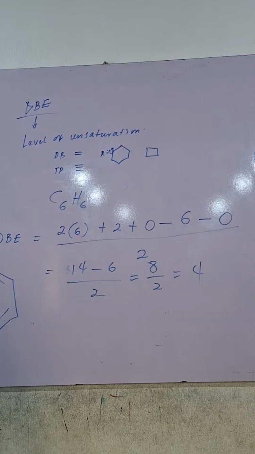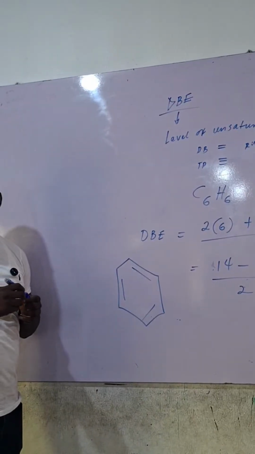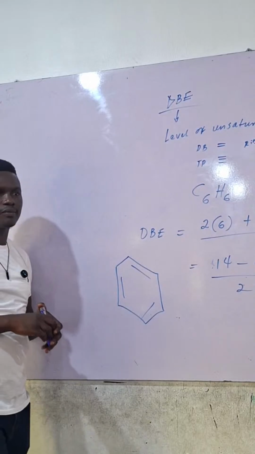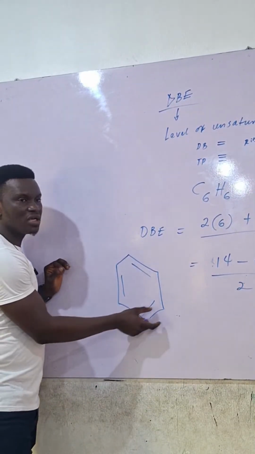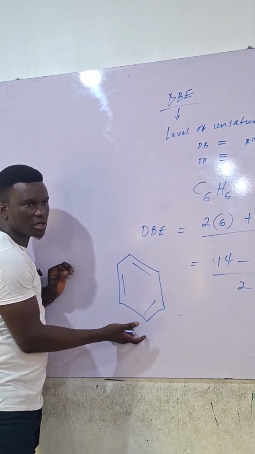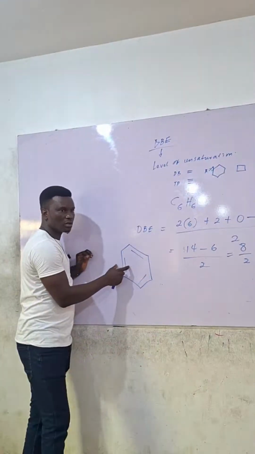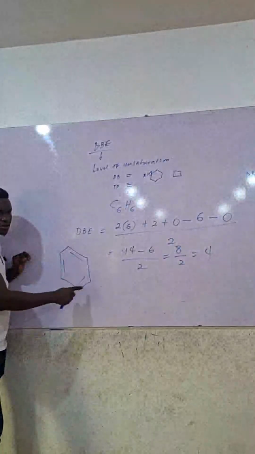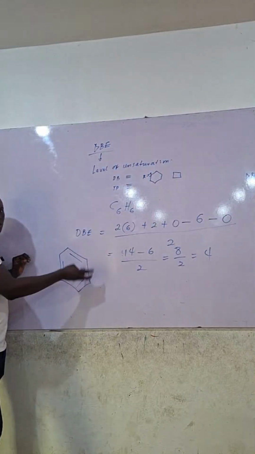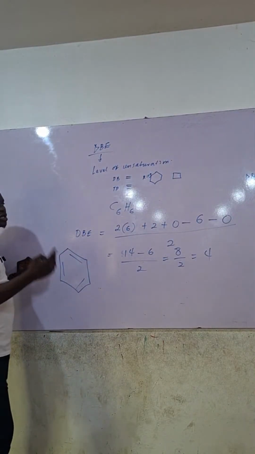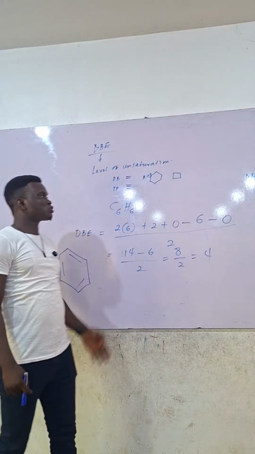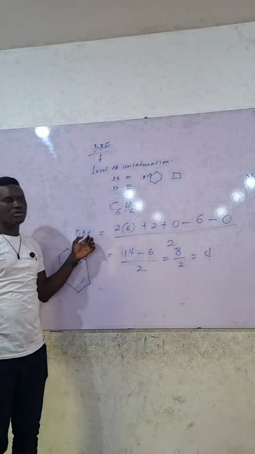So double bond equivalent just tells you the level of unsaturation. How many double bonds do we have here? 3, 1, 2, 3. Then we also have a ring. So one ring, 3 double bonds. Everything makes 4. That's what this formula always tells us.